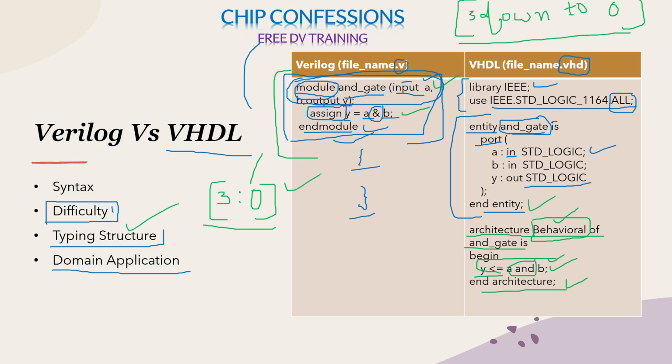Verilog is weakly typed, we just have to mention something, but here we have to write each and everything. It is like writing a proper English story in terms of design. That is what VHDL is.